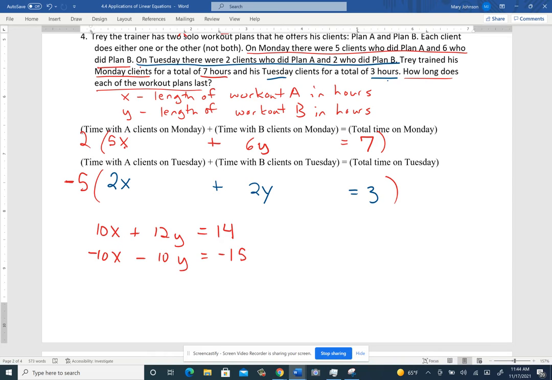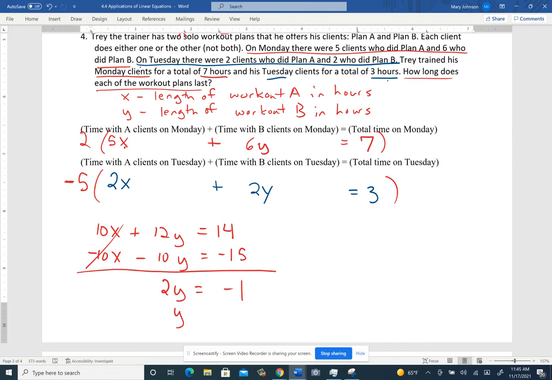All right, so when I add those two equations together, I get a weird result. So I may have to go back and check that I copied this problem correctly, because it looks like it will not work out to be possible. So I wound up with 10x canceling out, 12 minus 10 being 2y, and then 14 minus 15 being negative 1.